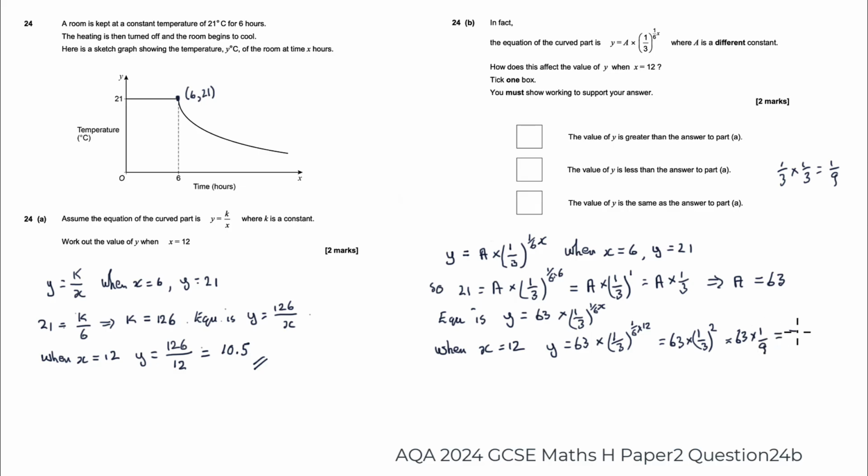That's 7. 7 nines are 63. So how does that compare with the previous value? Well, it's less. This is less than 10.5, which is what we got before. So the value of y is less than the answer to part A.